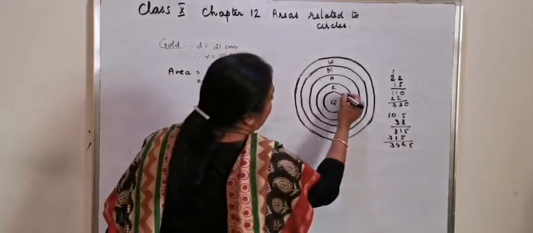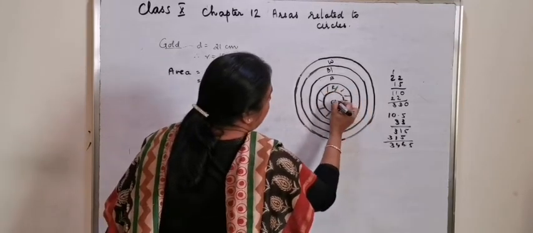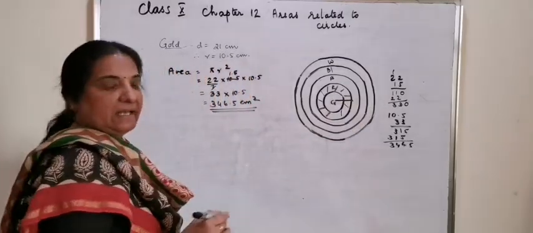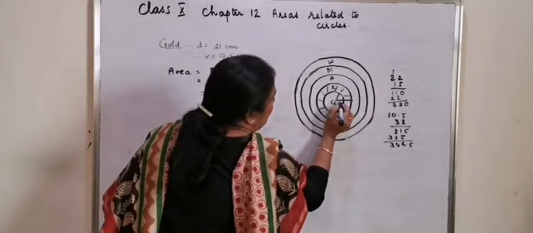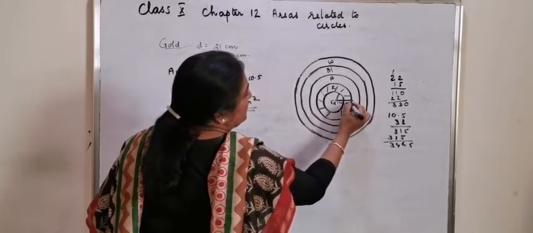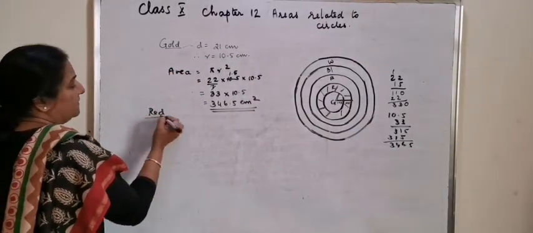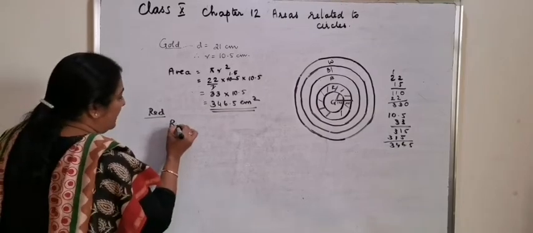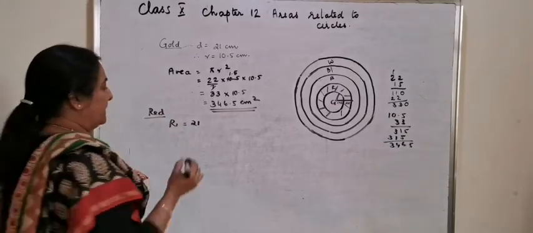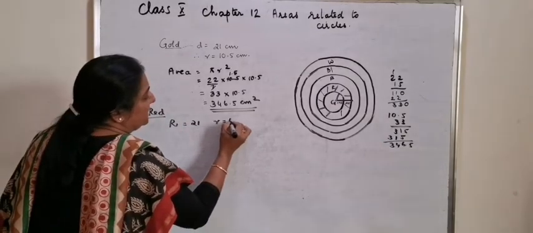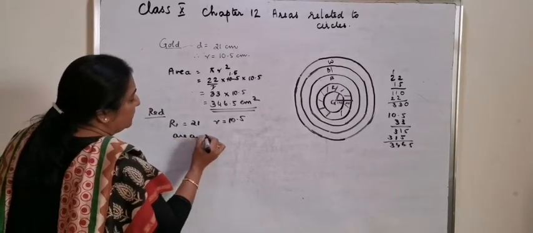Now, moving on to the next region, red. If you want to calculate the area for the red region, it is a ring, with an outer radius and an inner radius. The inner radius is already 10.5 and each band is 10.5, which shows that for the region representing red, the outer radius is 10.5 plus 10.5, which is equal to 21, and the inner radius is 10.5. So what will be the area of that region?